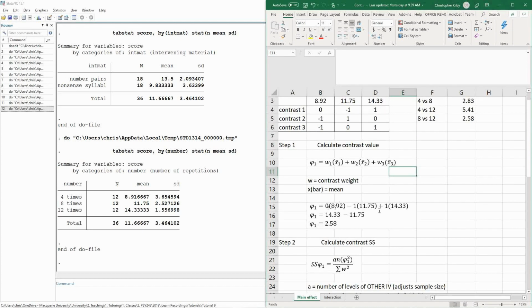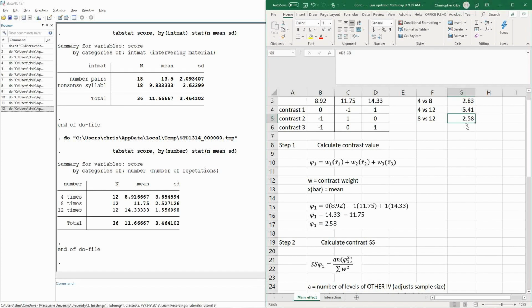So then this is what the equation would look like if I wrote it out in full. 0 and 8.92, -1 and 11.75, +1 and 14.33. If I multiply my 0 by my 8.92, multiply my -1 by 11.75, and multiply my 1 by 14.33, I get 14.33 positive minus 11.75, and this solves to 2.58.